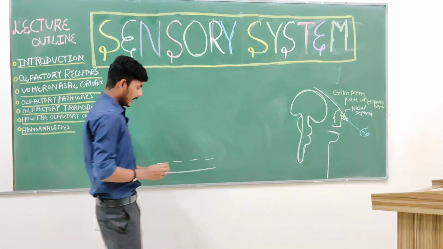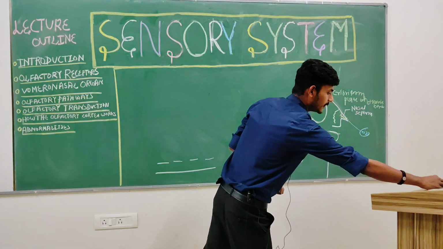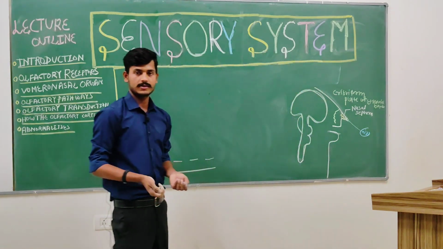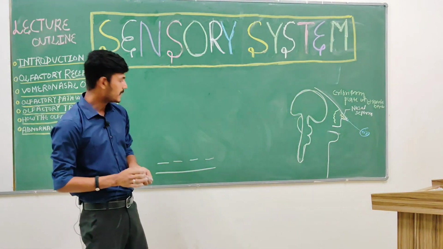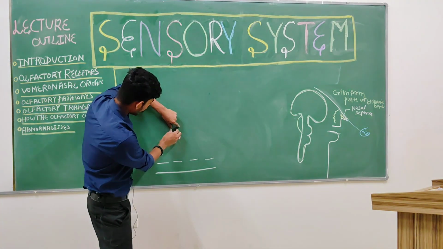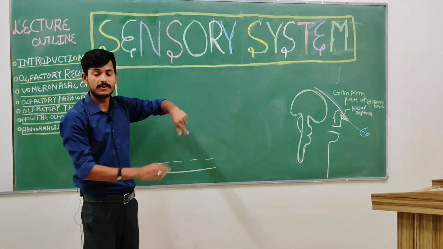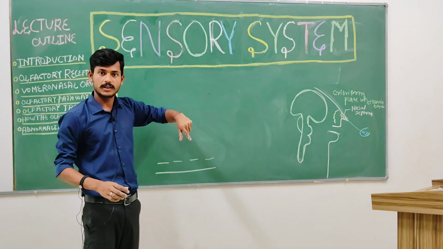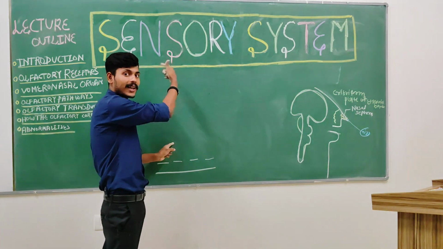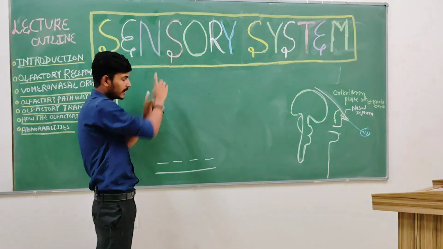The olfactory receptors are bipolar neurons, meaning they have one cell body and two processes, one axon and one dendrite.